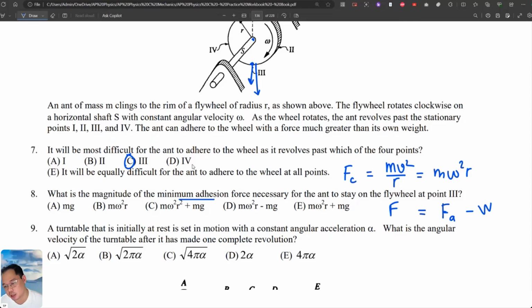Therefore Fa is FC, which is m omega squared times r, and then add the weight, mg. That's it. Meaning answer E is correct. No r squared, just r.